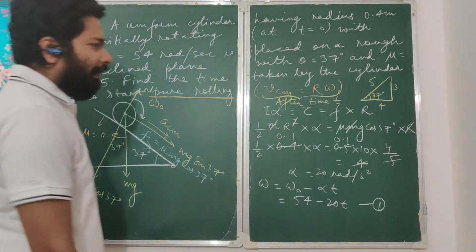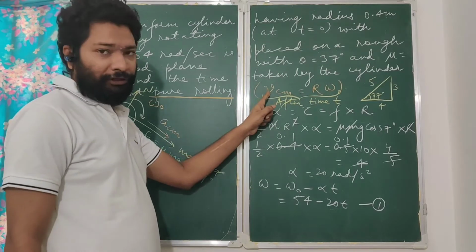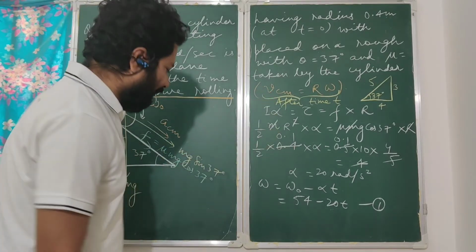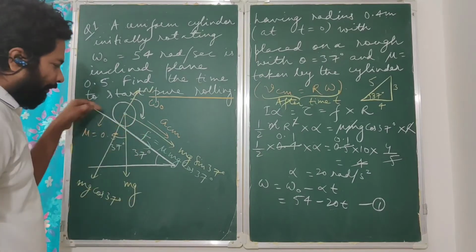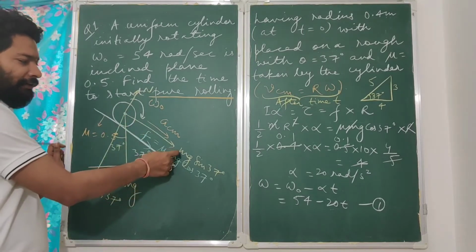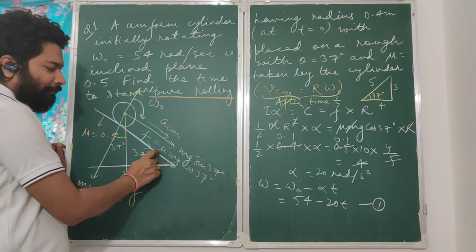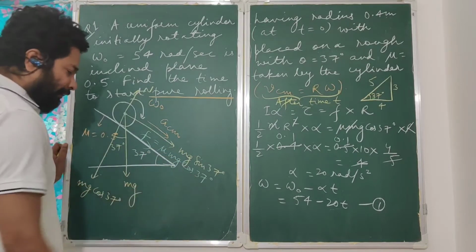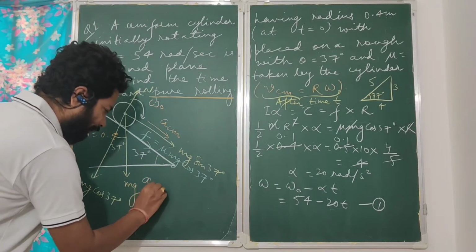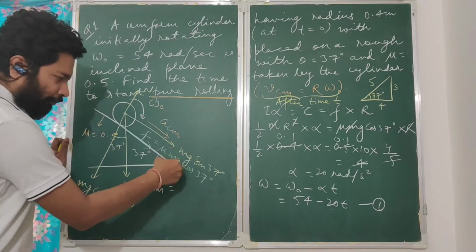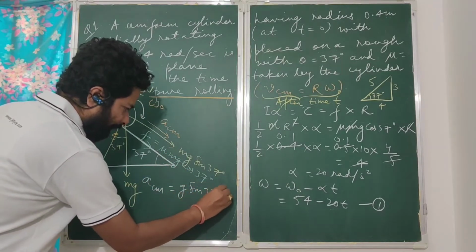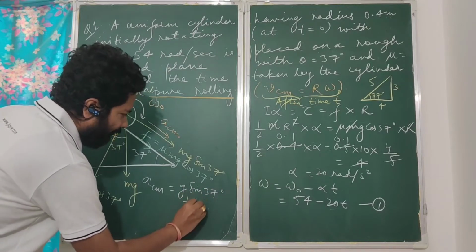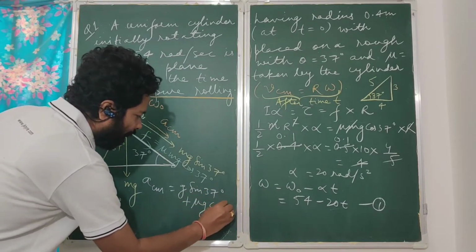Now our target is to determine the velocity of center of mass after time t. For that we'll see what is the net force which is acting parallel to the incline. Mg sin 37 plus mu mg cos 37. So what will be the acceleration of center of mass? This net force divided by mass. So it will become g sin 37 plus mu g cos 37.